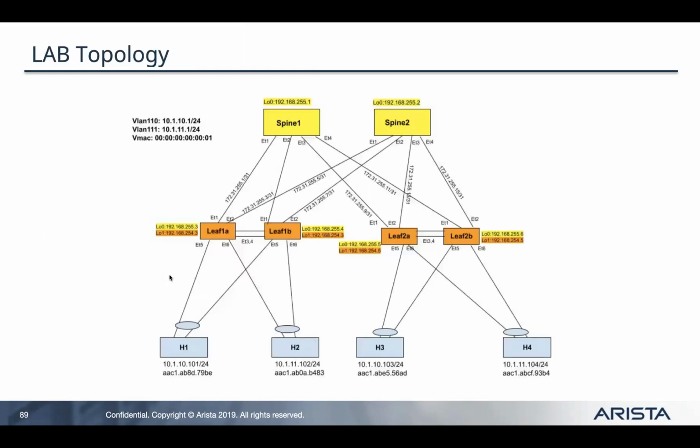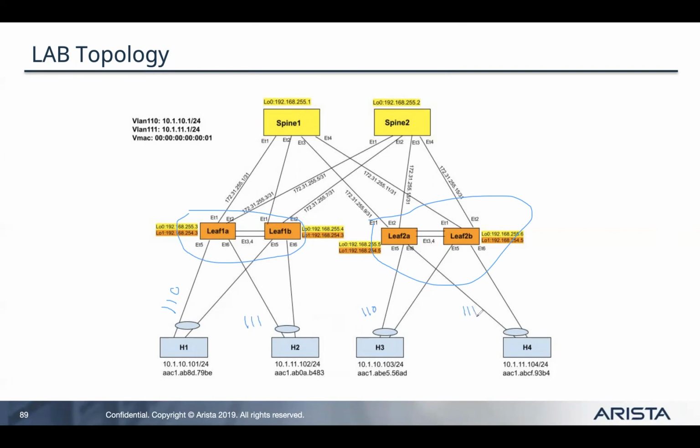Okay, so this is our topology: leaf pair, VTEP pairs, correct? This is VLAN 110 and this is VLAN 111. Similarly here it's 110 and 111.